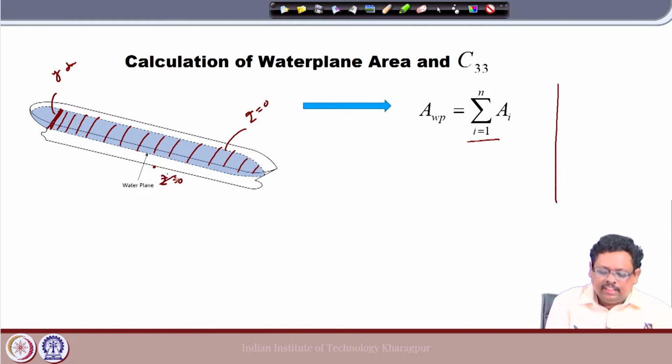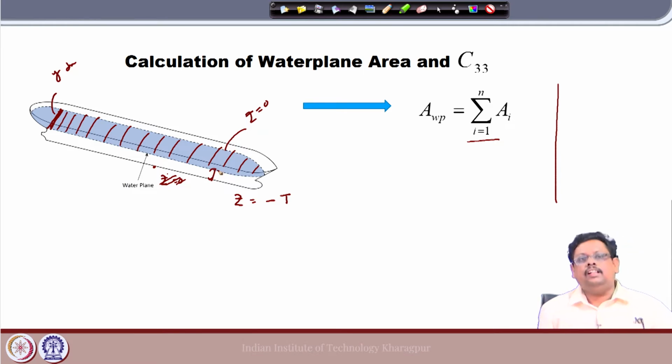But in hydrodynamics, what we are doing here is we define z equal to minus t, where t is the vertical distance from the water line to the keel point. Keel point means the bottommost point. So we define this as 0 to minus t.